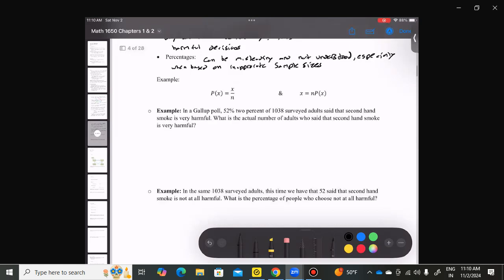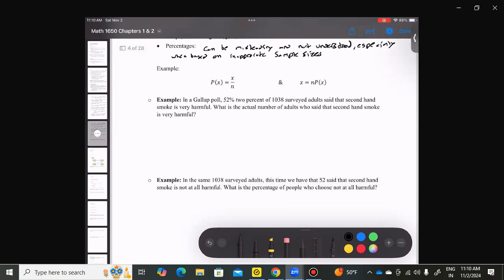So we have a formula for finding percentages for a survey where you have X amount of people who state a certain idea or opinion out of a sample size. N is your sample size.